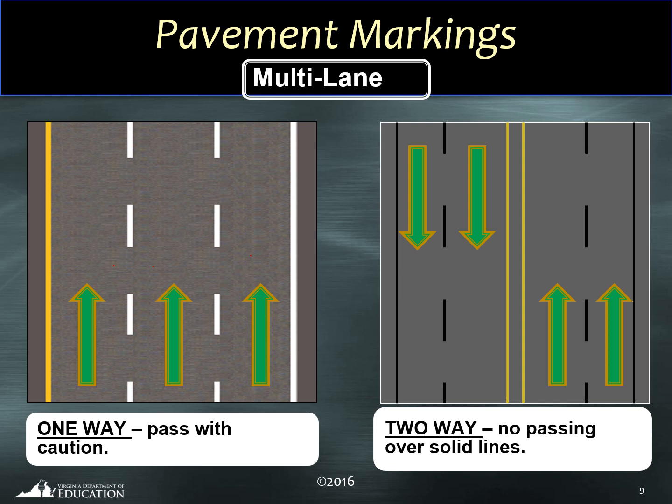But again, the solid white line, the edge of the road, is always on your right, and the solid yellow is always on your left. White is always on your right to indicate the edge of the roadway, and the far left lane is always going to have a yellow line on their left to indicate the separation of traffic going in opposite directions.